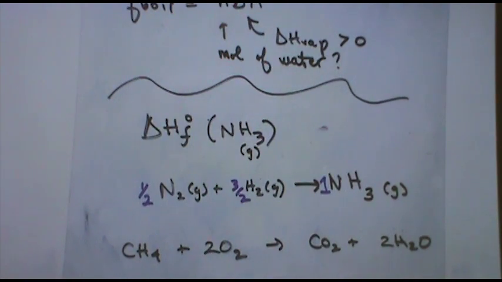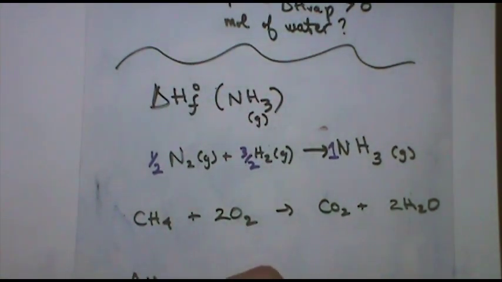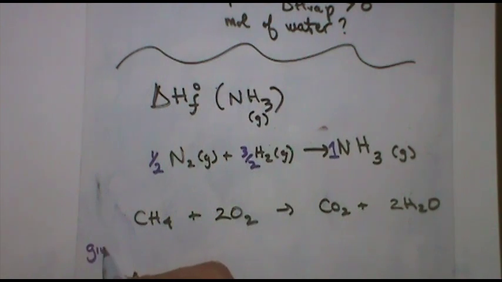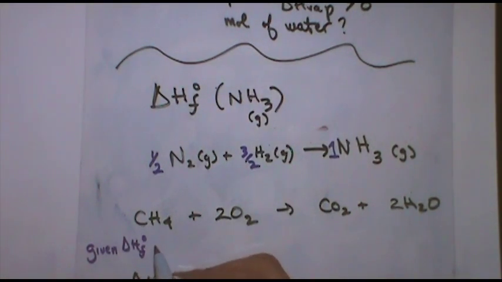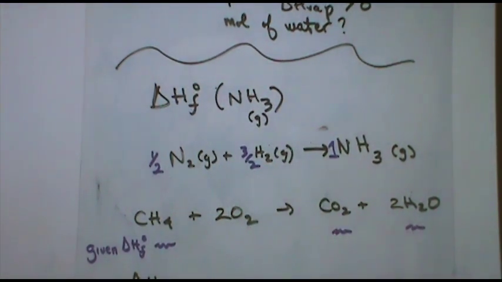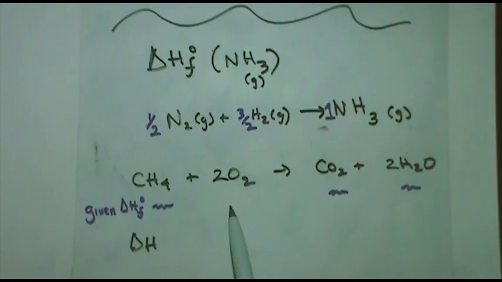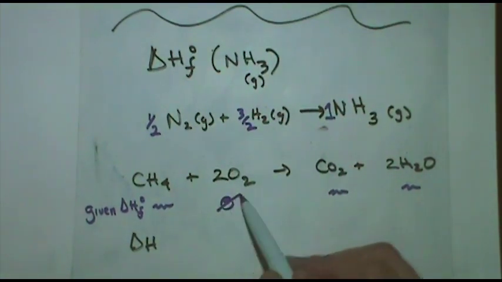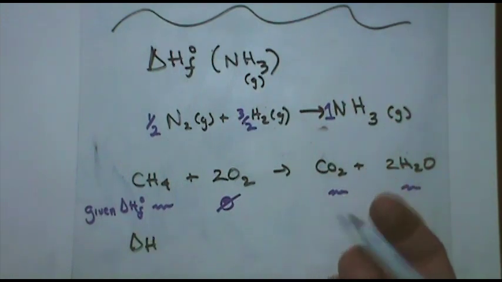Given any reaction, you should be able to find the delta H given the delta H of formation for this, and for this. Okay? So why would this delta H of formation not be given? Yeah, it's 0, so that's something you would need to recognize by yourself.